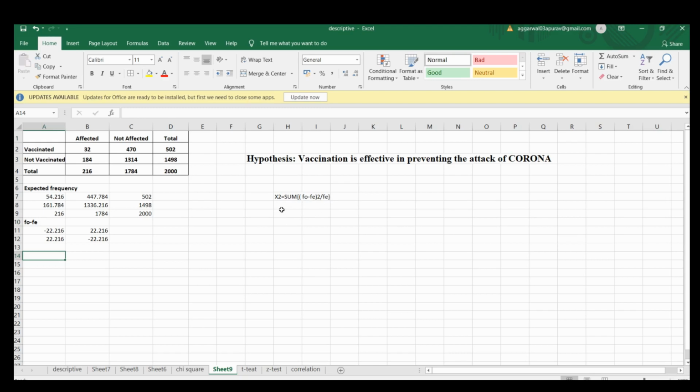As per formula, started with the symbol of equal, FO minus FE square, divided by expected frequency. Press enter.